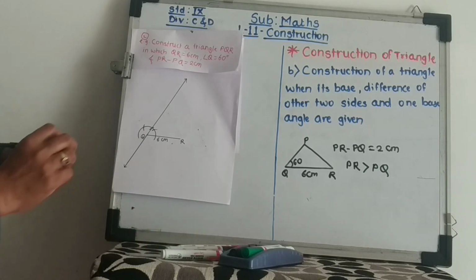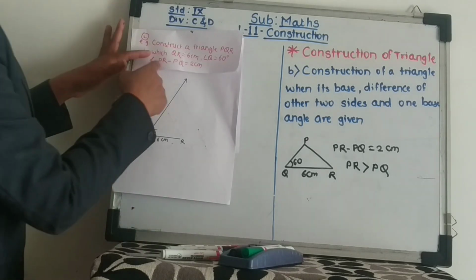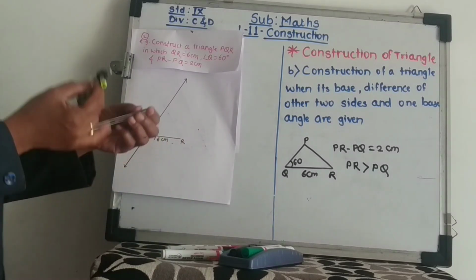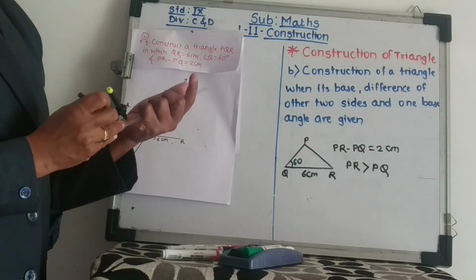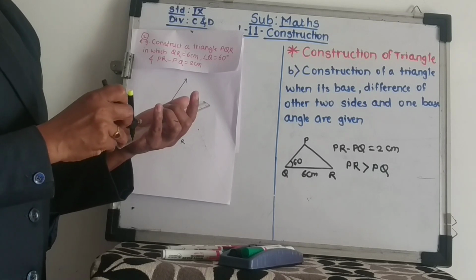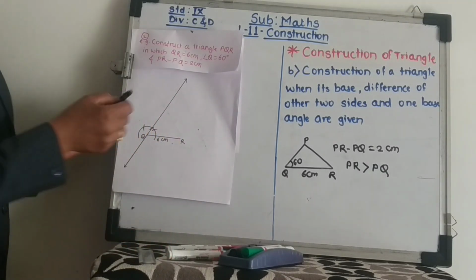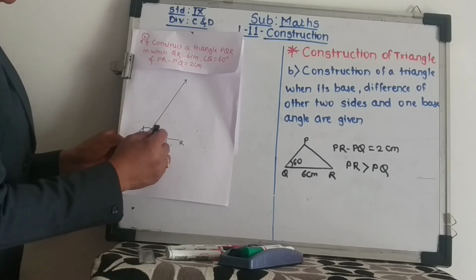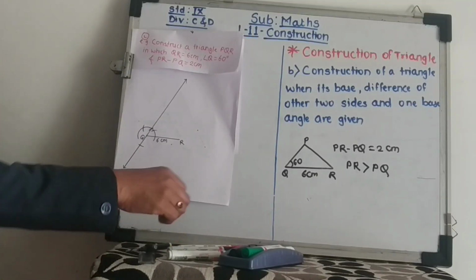Understood? Now, PR minus PQ is how much? 2 centimeter. So in the compass we will take a 2 centimeter distance, put it on Q, and mark an arc on the downward side, right?